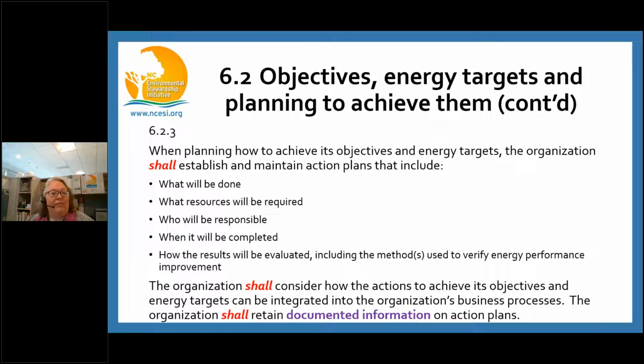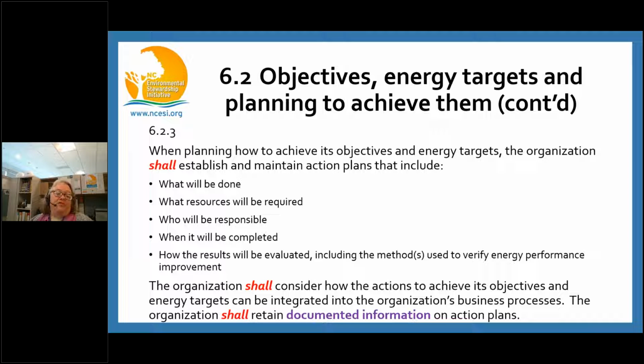All right. So when you're planning how to achieve your objectives and targets, the organization shall establish and maintain action plans that include what you're going to do, what resources you need, who's responsible, when it's going to be completed, how the results will be evaluated, including the methods that you're going to use to verify your performance.